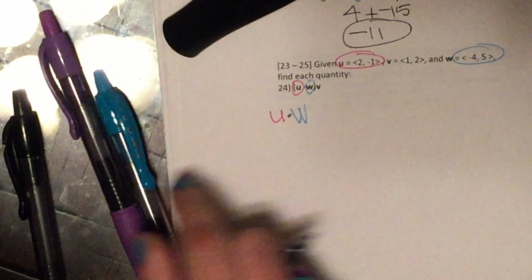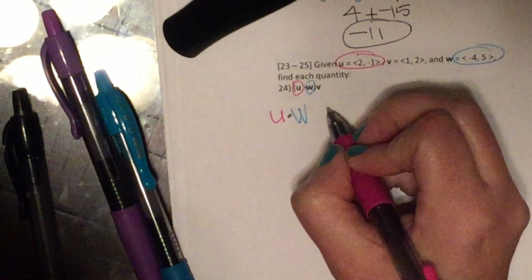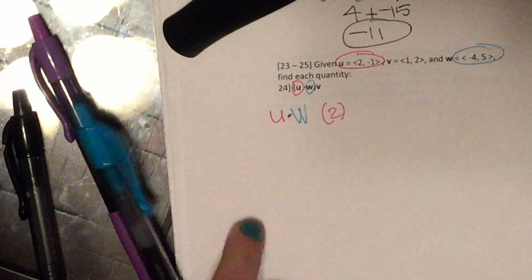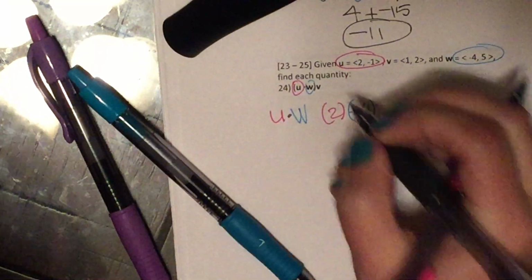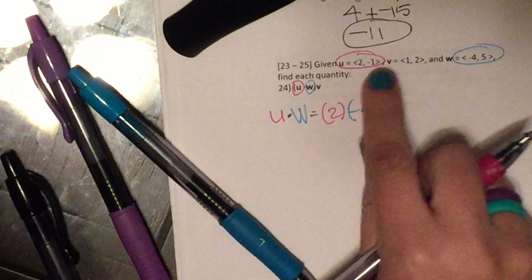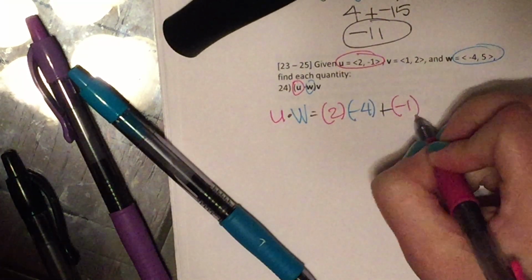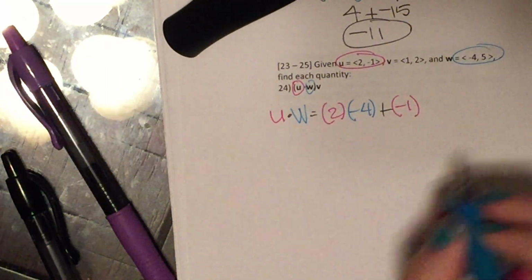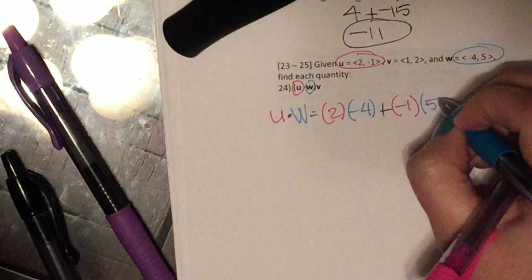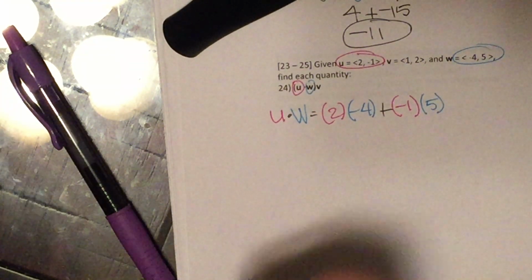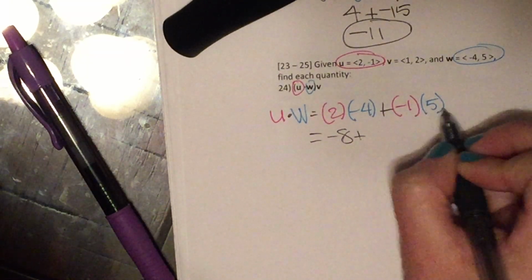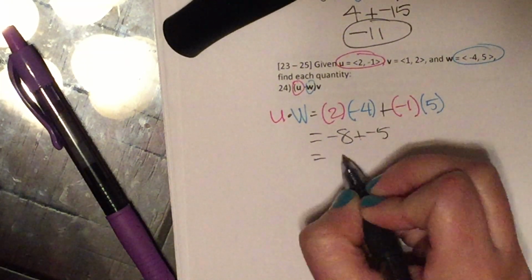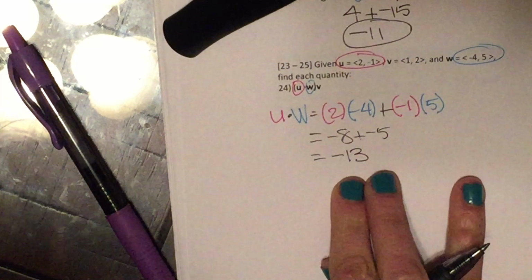I'm going to take the horizontal from u, which is 2, multiply it with the horizontal from w, which is -4, and then add that with the product of the vertical of u and the vertical of w. So 2 times -4 is -8, and -1 times 5 is -5. When I add those, I get -13, which is a scalar.